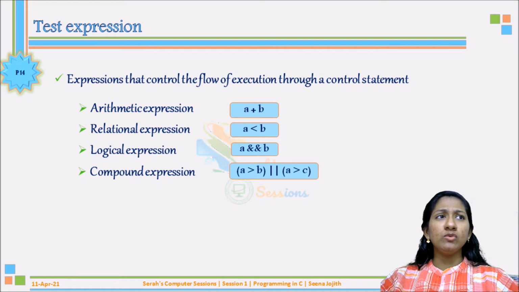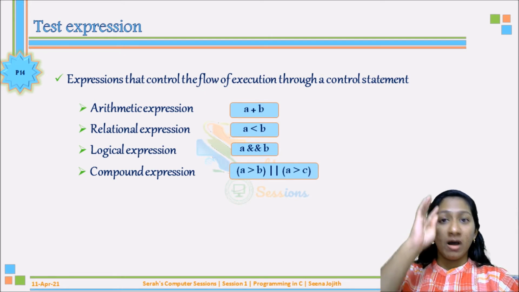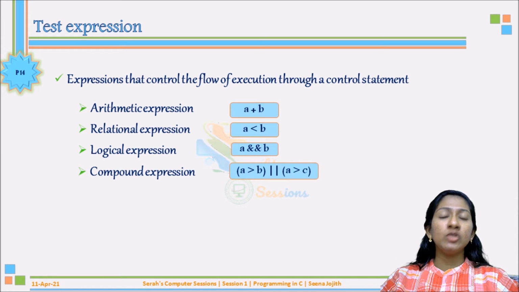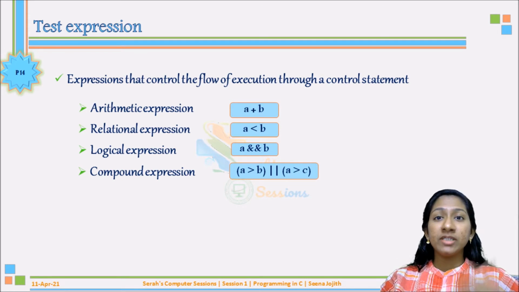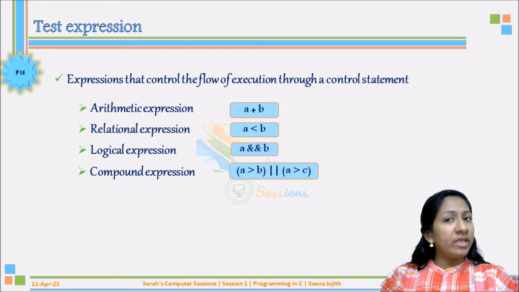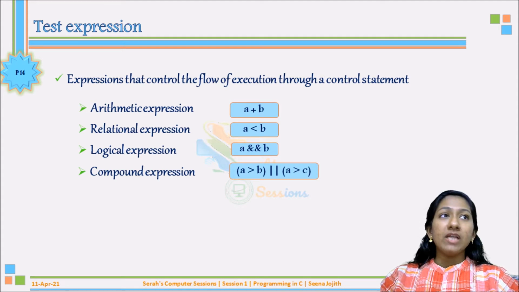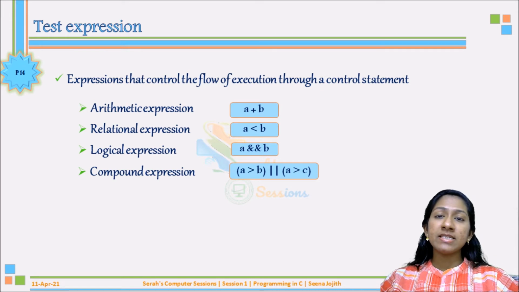I hope that you know what logical operators are. You might have studied truth tables, and written truth tables for different Boolean expressions, right? And means both the left hand side and the right hand side operands should be true for a logical and to give a result as true.